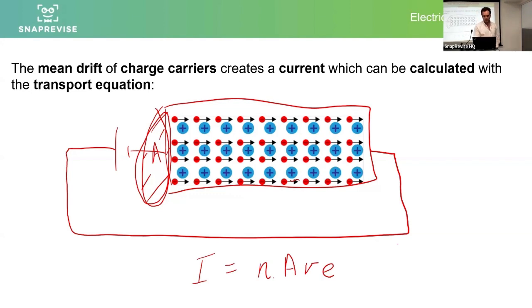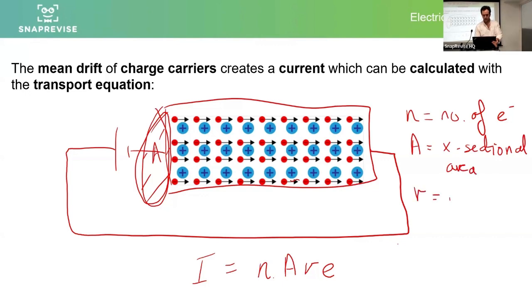Okay, so let me define these on the right. N is the number of electrons. E is just the charge of each, so N times E is the total charge of all the electrons. A is the cross-sectional area. V is the mean drift velocity.